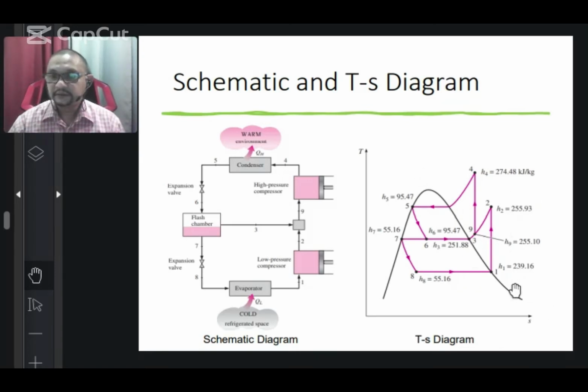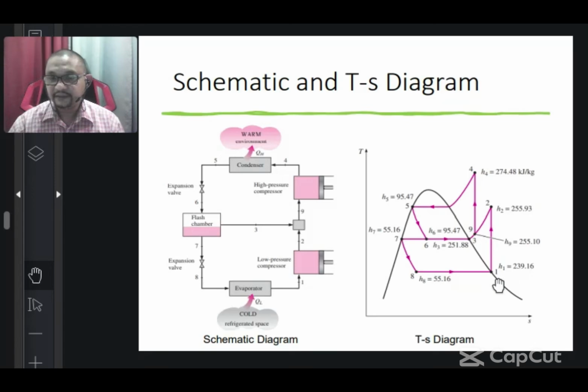All the enthalpies you must find using the properties table, and I think at all stages the properties are mentioned, that means pressure and also temperature.